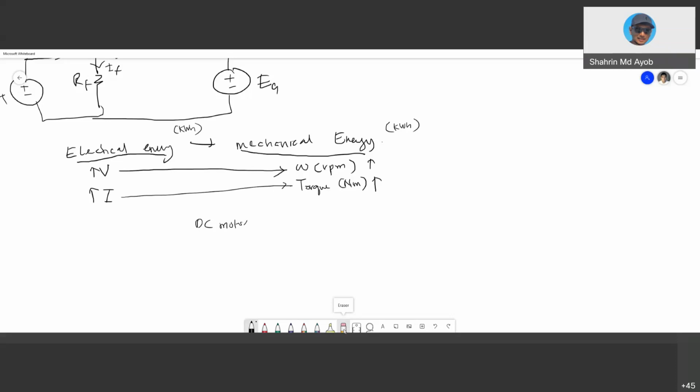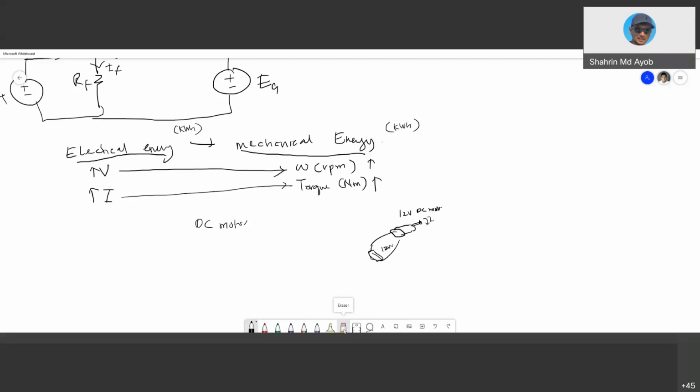So that's why, for example, if you have a 12 volt DC motor in your remote car, with a 12 volt battery, when you turn on the switch you will see that the motor is rotating very fast.